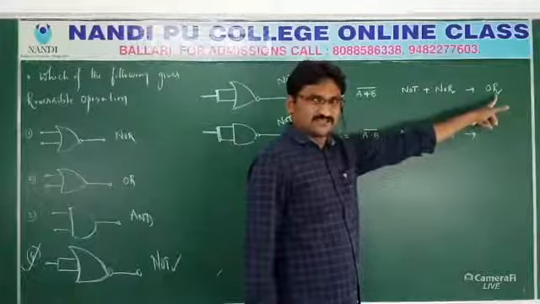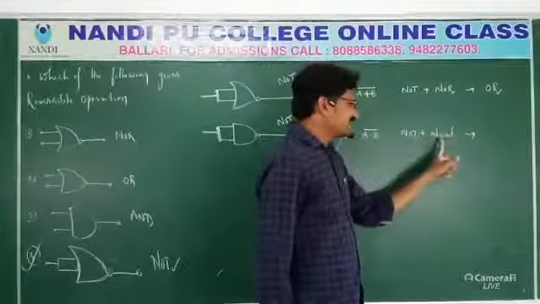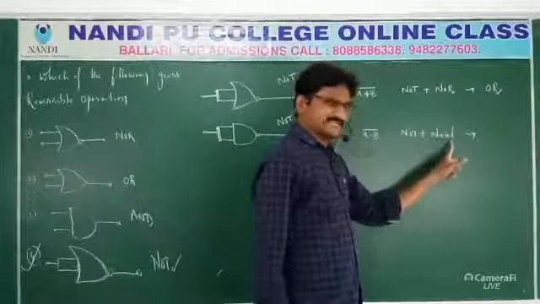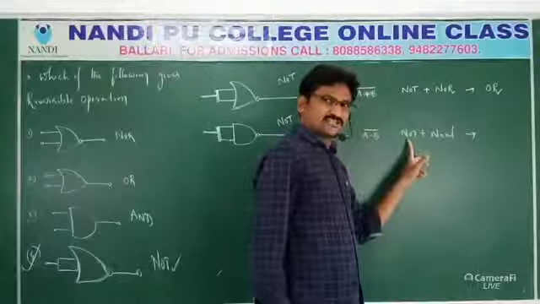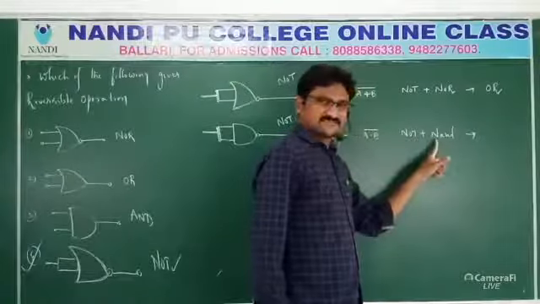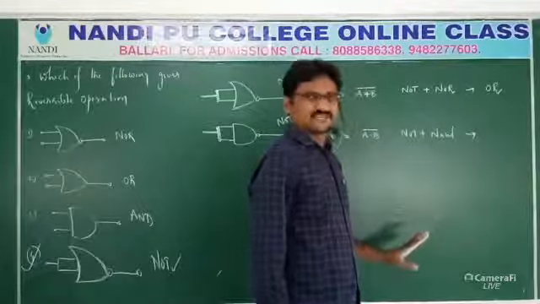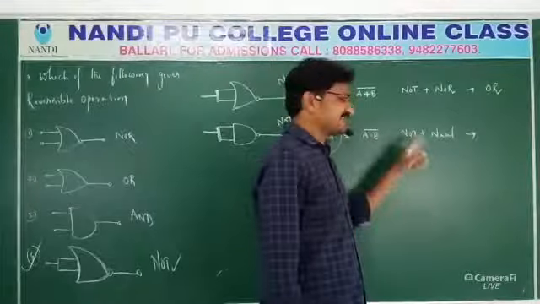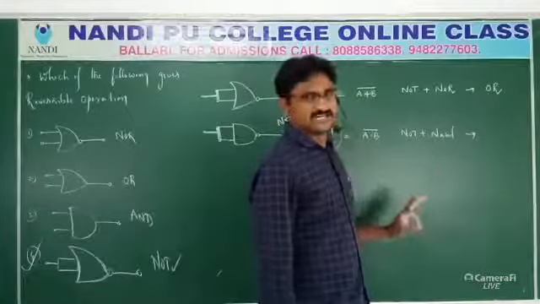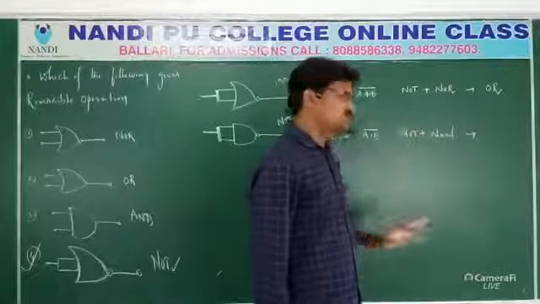It is the way you can remember, which is very important. NOT plus NAND: NAND means NOT plus AND, and here we are adding another NOT gate, so the NOTs cancel. There is a method to verify this using De Morgan's principles, but it is a waste of time. Simply remember NOT plus NOR is OR.